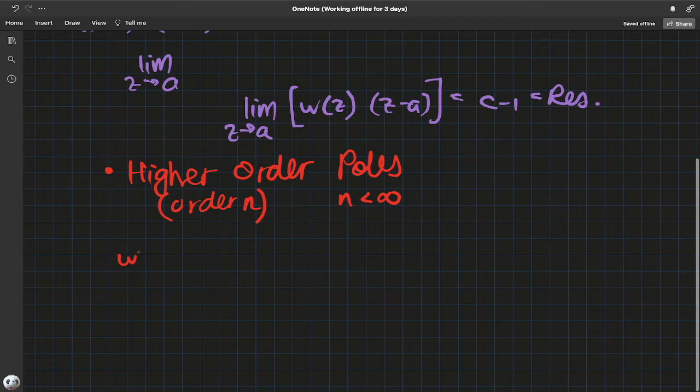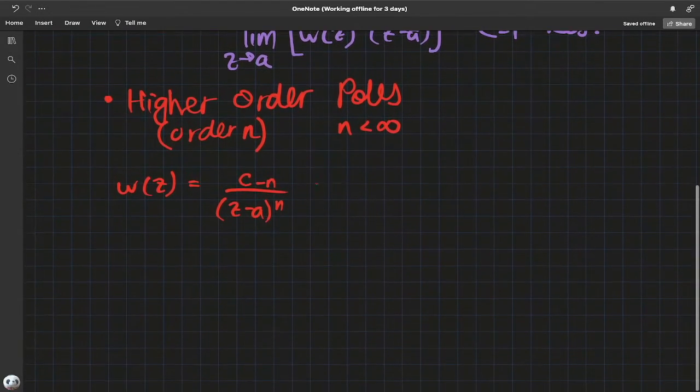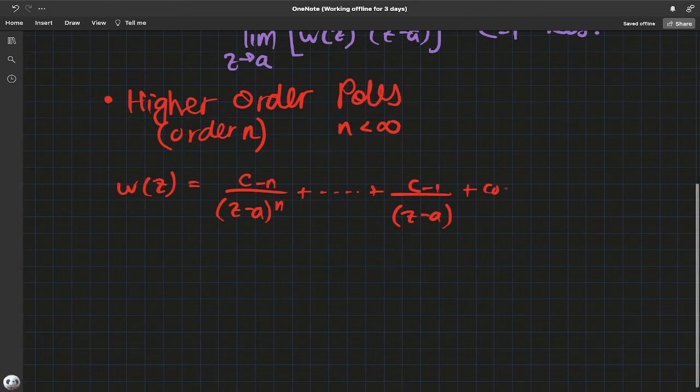So W of z is going to look something like c sub minus n divided by z minus a to the n. The most negative power you can get for an order n pole in general is n, and then c sub minus 1 divided by z minus a, and then c naught, c1 times z minus a, and so on till infinity.